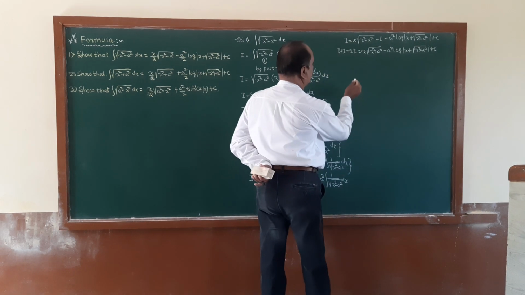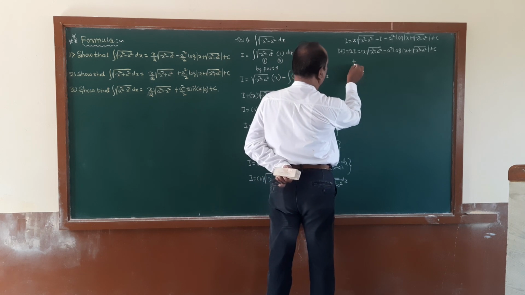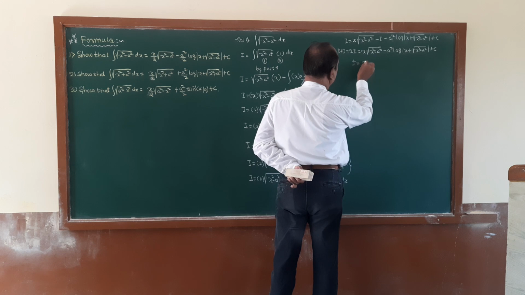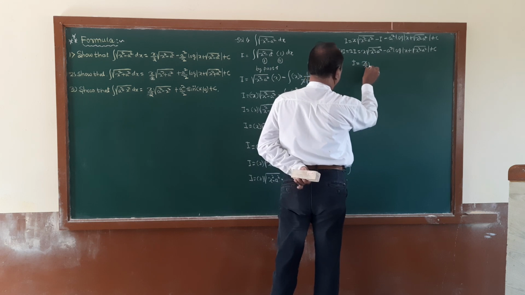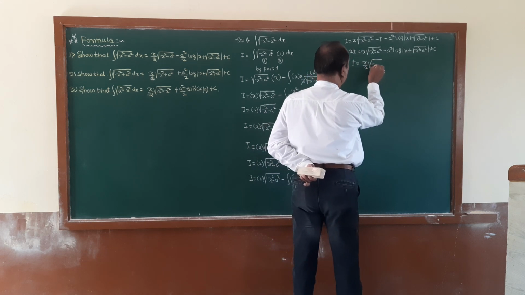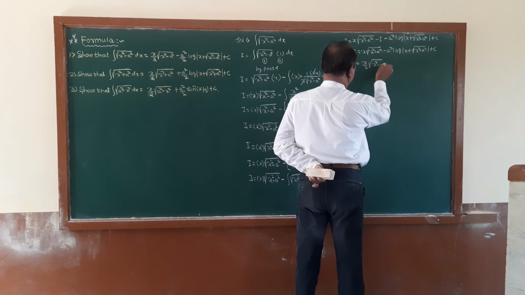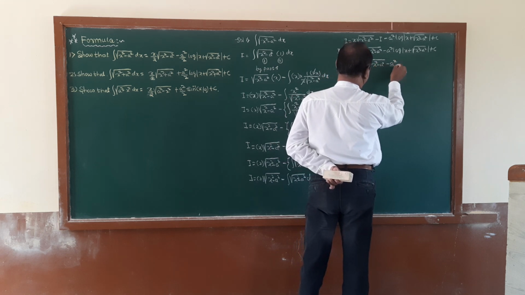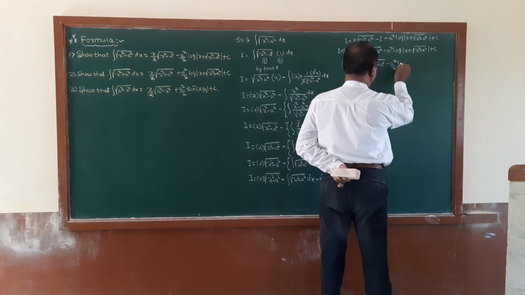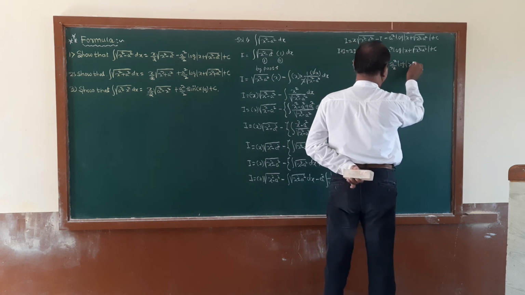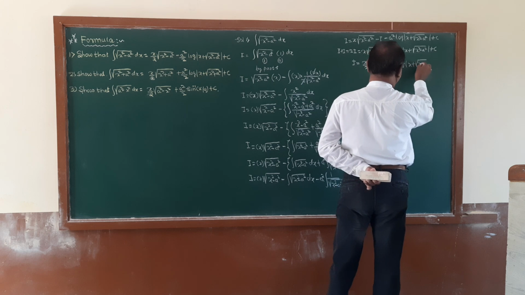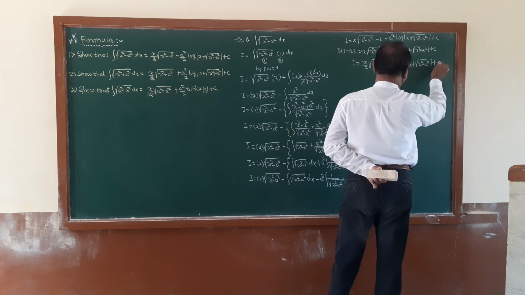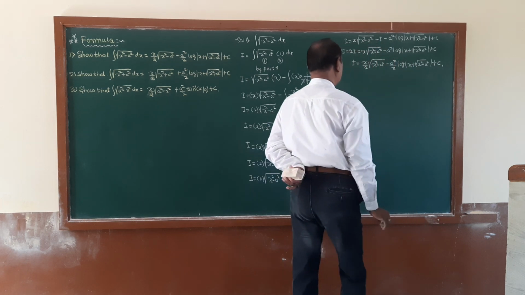Therefore I is equal to, divide totally by 2: x divided by 2 into the square root of x square minus a square, then minus a square divided by 2 into log of mod of x plus the square root of x square minus a square, then plus a constant c. We get it.